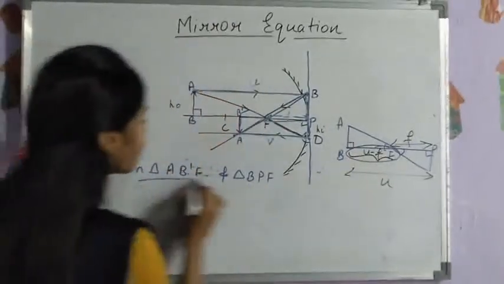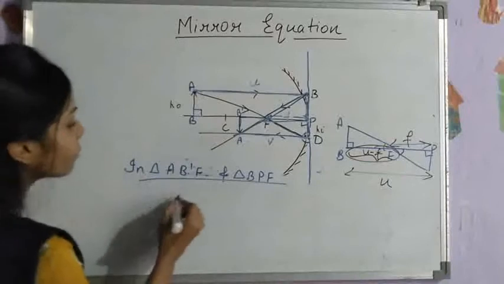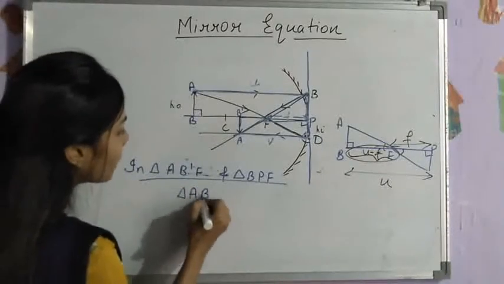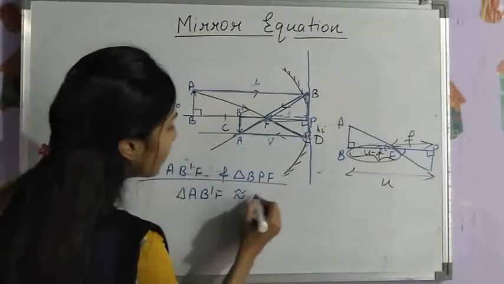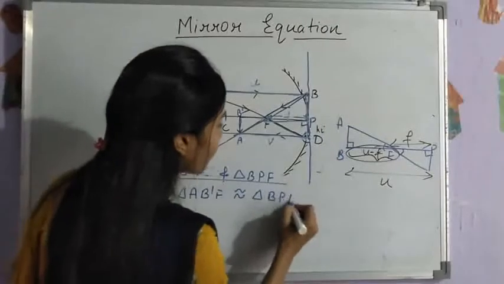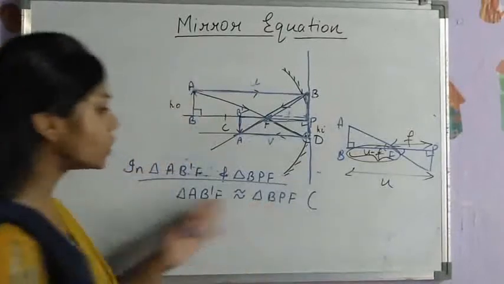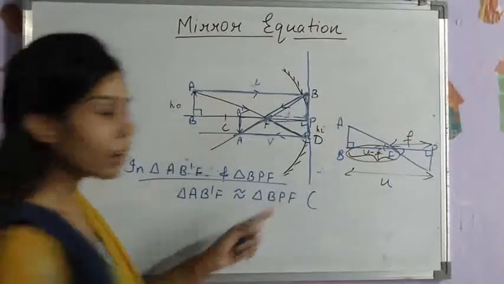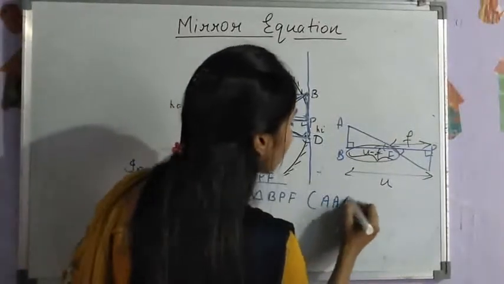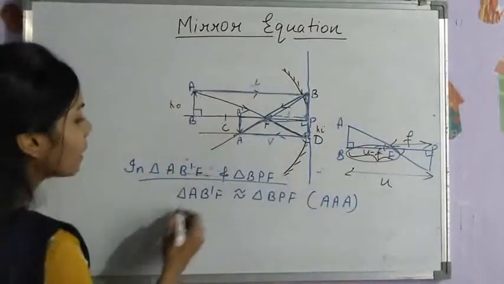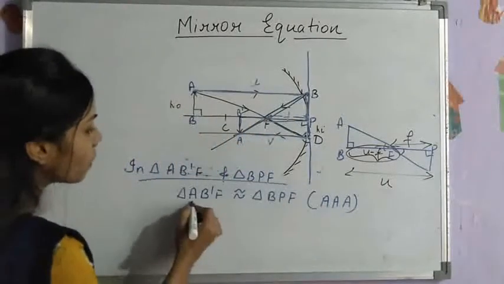This is quite simple as we have done before. If triangle AB'F is similar to triangle BPF, then the ratio of their corresponding sides will be equal. I already mentioned that these two are similar by AAA test of similarity, right? Now corresponding sides. Which are the corresponding sides?